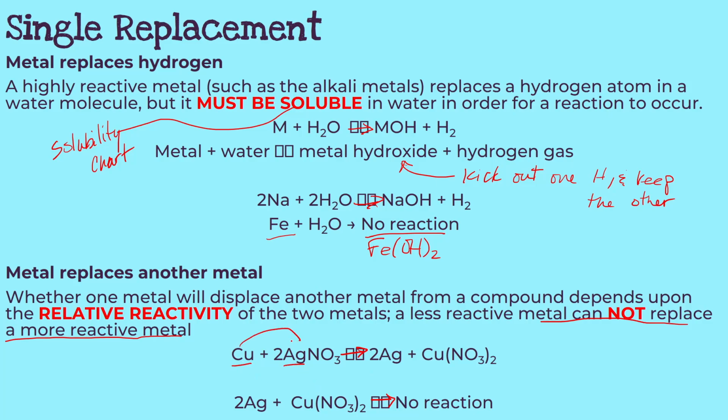So copper and silver are trying to swap places. And it is successful, as you can see on the product side. Whereas if silver is trying to replace copper here, it's actually no reaction. So one will replace the other, but the other can't replace the original.